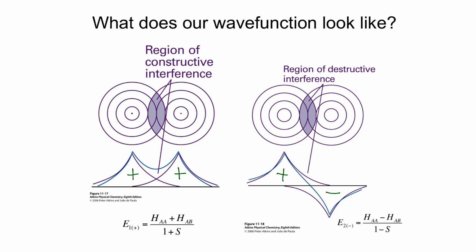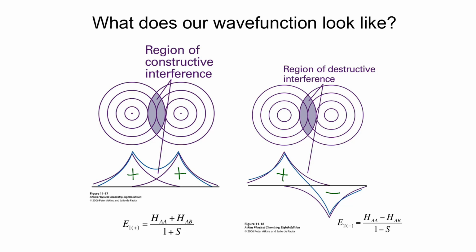Fun fact, the overlap integral here that is so important for us in looking at whether or not we're going to have a good bonding situation is often neglected in some computational chemistry methods. So if you're using things like semi-empirical methods in a Spartan or Gaussian kind of program, then you're probably doing a calculation that neglects that important term. So just keep that in mind.